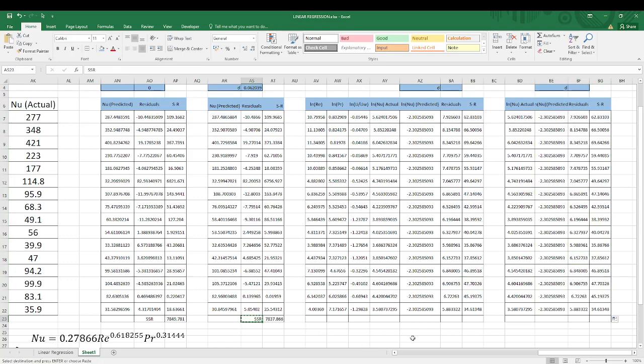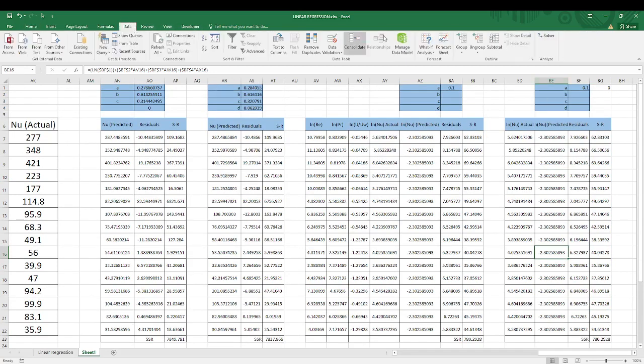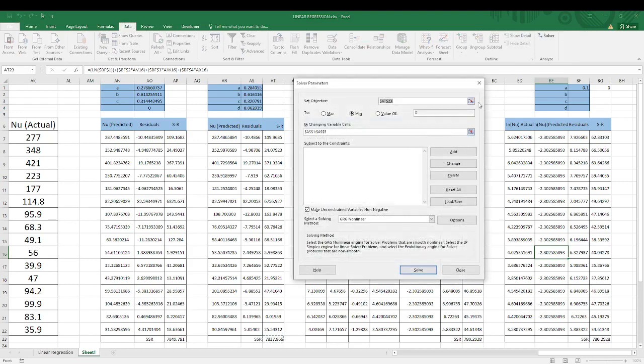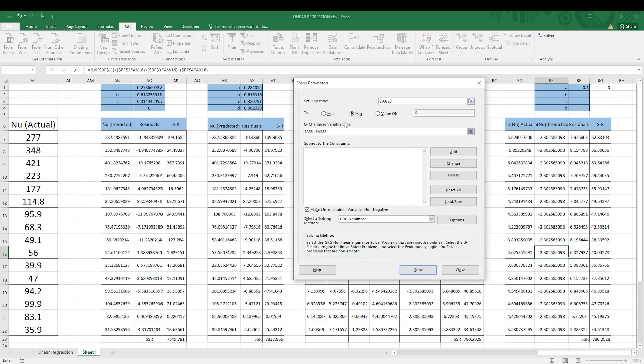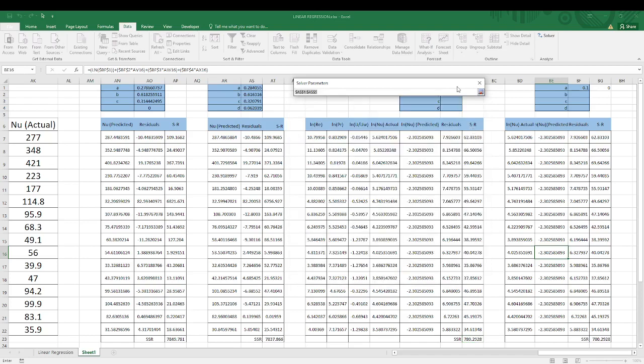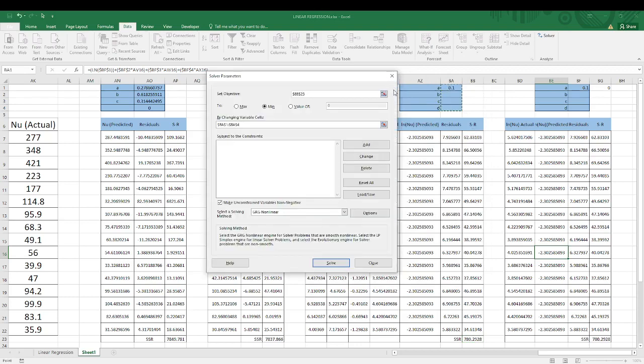Then solving for the SSR, sum, same here. Then first equation: solver method, then changing this value to minimum by changing the ABC.